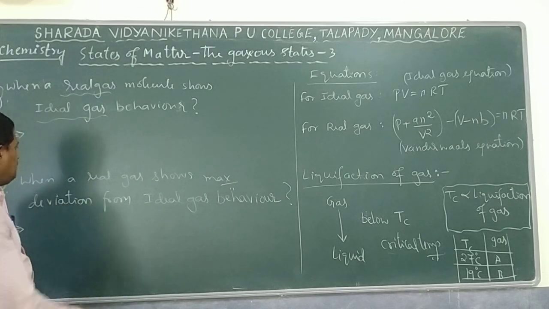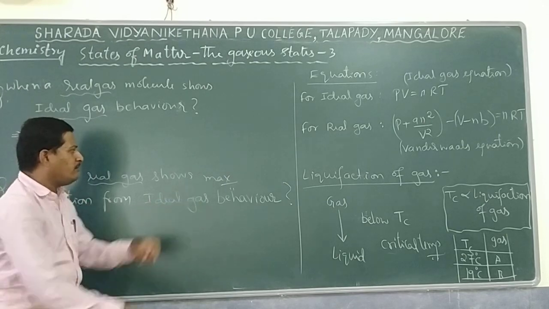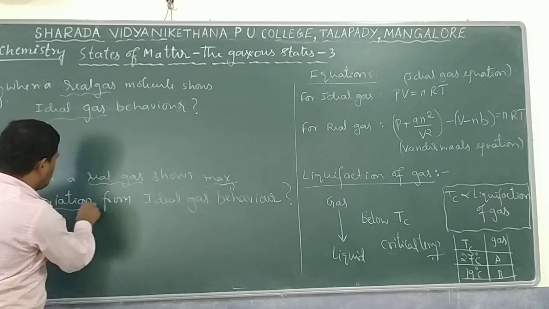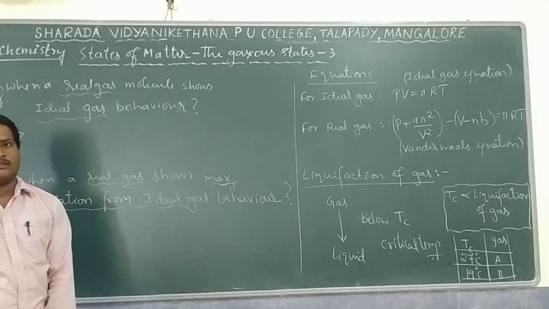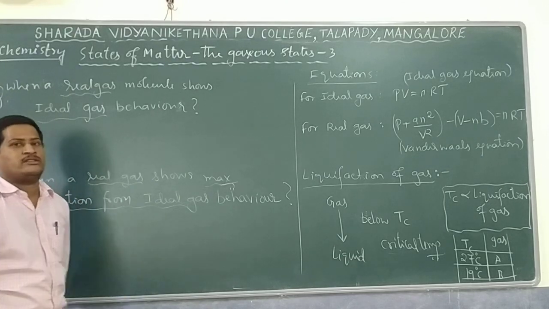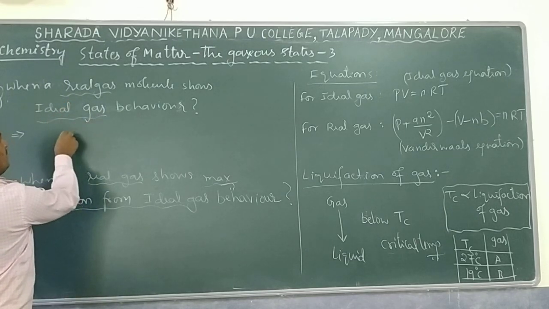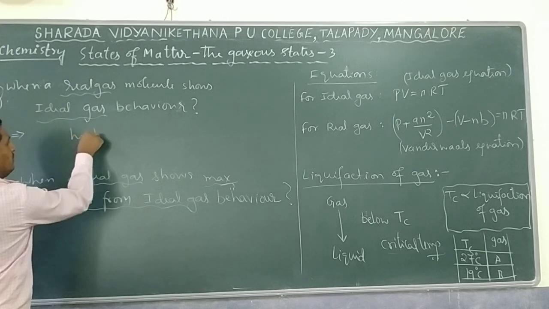The second question: we have a real gas. At what temperature and pressure does it show maximum deviation from ideal gas? The question is to be answered in terms of temperature and pressure. Here it is observed that a real gas shows ideal behavior at high temperature and low pressure.